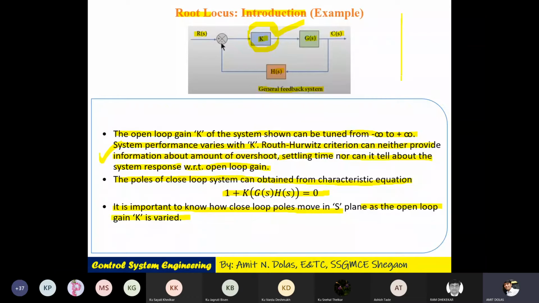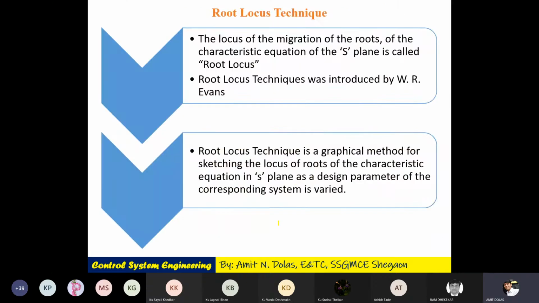Like, I have the S plane, and somewhere here is a pole. If I vary the value of K, that is the open loop gain, does it remain here, or does it move towards the left side direction, or move towards the right hand plane? So this we will be going to learn.